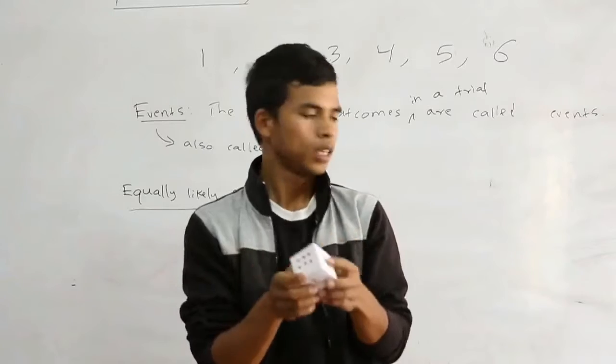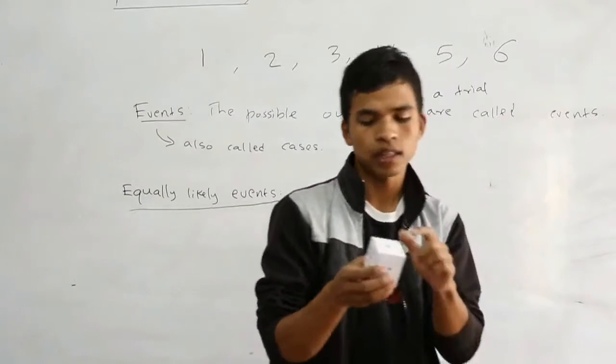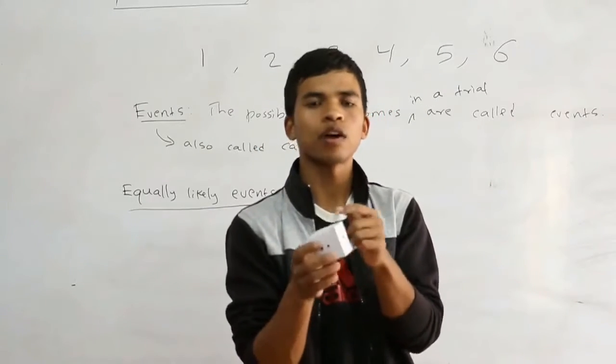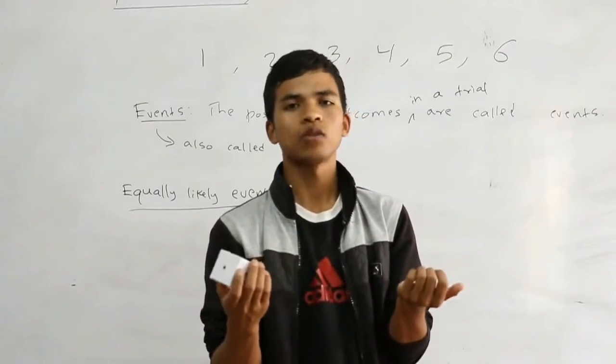So the events of getting 1, 2, 3, 4, 5, or 6 are equally likely to come.